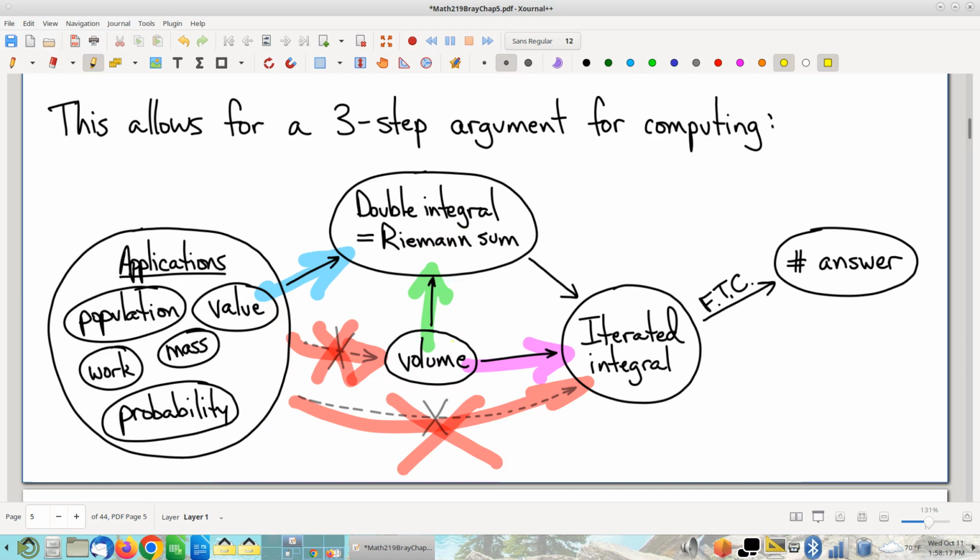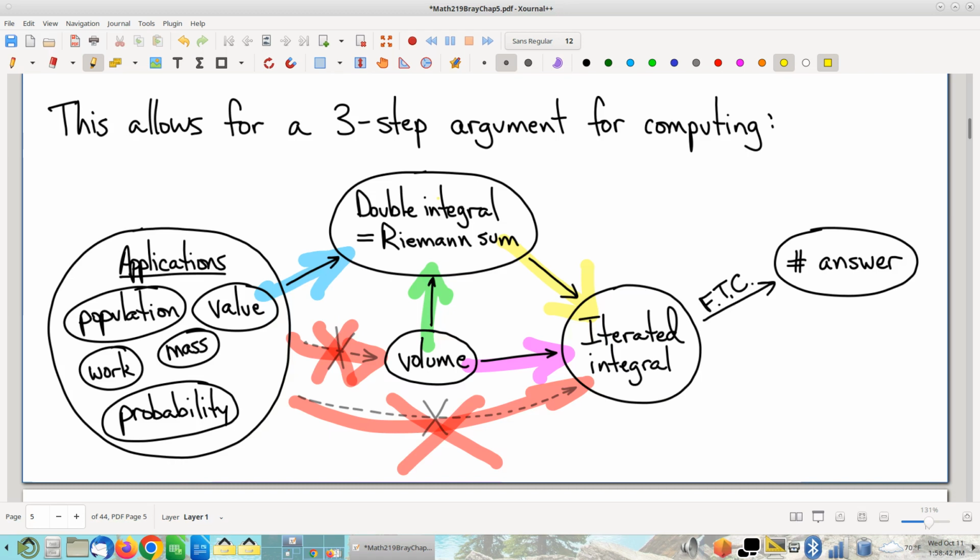The point is that if I can compute volume with two different expressions, those answers have to be the same. The very valuable upshot is actually not about volume. It's that double integrals can be computed with iterated integrals.